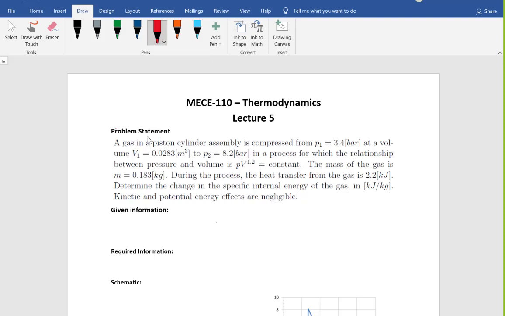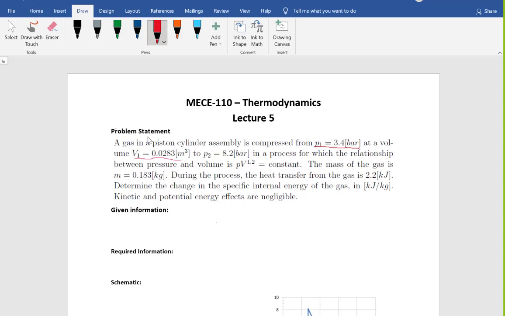The first part of our problem solving technique is to look for given information. It's a piston cylinder assembly, so I could draw this when I get to my schematic. We know that we move from one pressure at 3.4 bar at a particular volume.